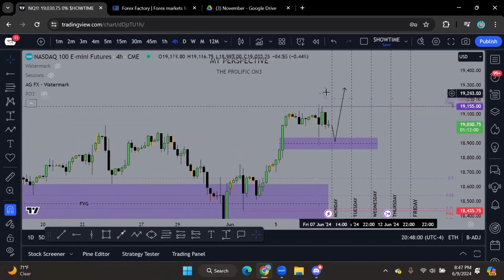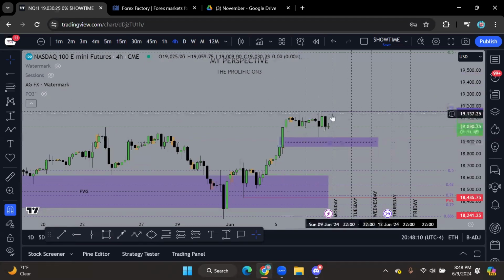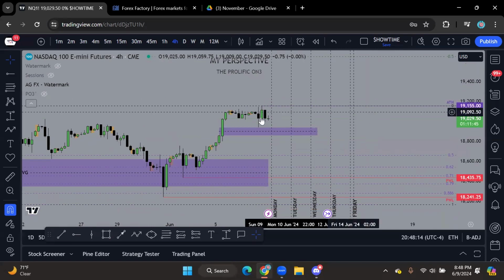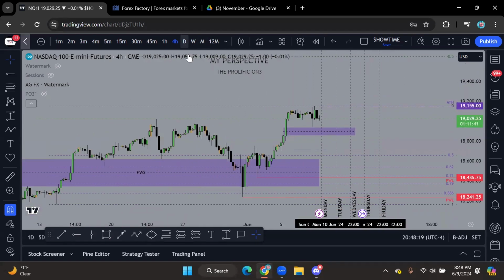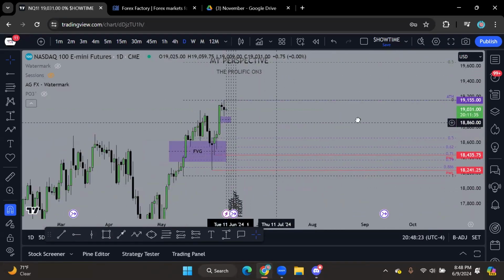But right now, because price is trading at all-time highs, I'm not sure if we're going to continue to move higher. I know for a fact there's a lot of traders who are looking at this and are like, we're at all-time highs. You know, they want to see price sell off. Their indicators are saying oversold. A lot of the ICT traders who don't really know how to trade, they're like, all right, we took buy side liquidity.